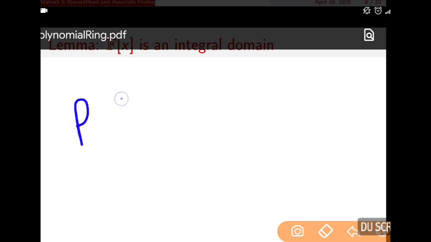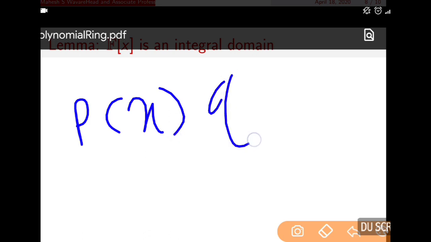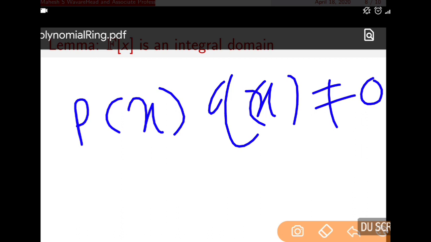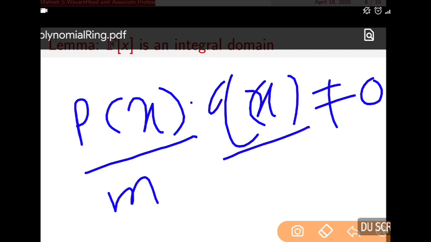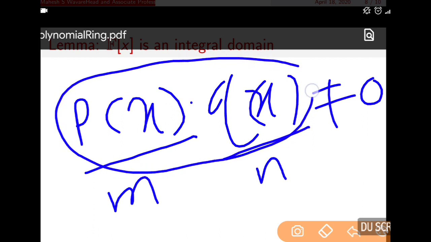So let us take p(x) as non-zero and q(x) as non-zero and show that their product is also non-zero. Now p(x) is non-zero means it must have some degree m, and q(x) is non-zero means it must have some degree n. Whatever m and n you choose, as per the lemma defined above, the degree of this product is m plus n.